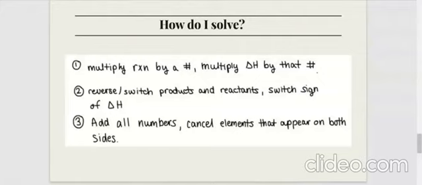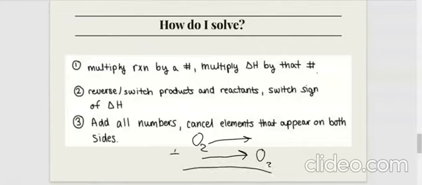The third thing is if you add all the equations, you can cancel elements that appear on both sides. Let's take oxygen as an example. If in a reaction oxygen was a reactant and in another reaction oxygen was a product, then you can simply cancel both of them if they have the same amount of moles.